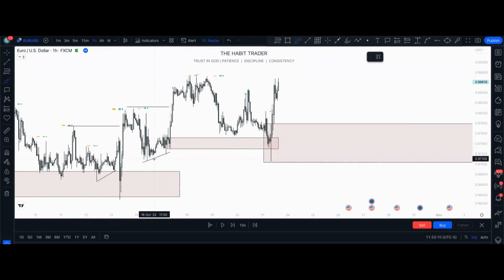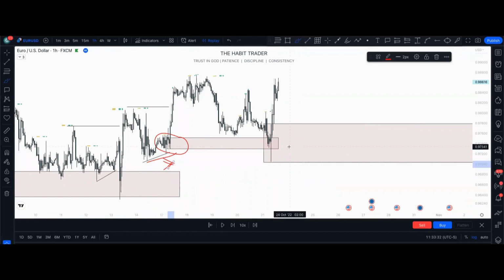So we also need to consider areas of liquidity when we see this demand, but we also see this trend line liquidity here, and price might go here and sweep all of the liquidity below this one.